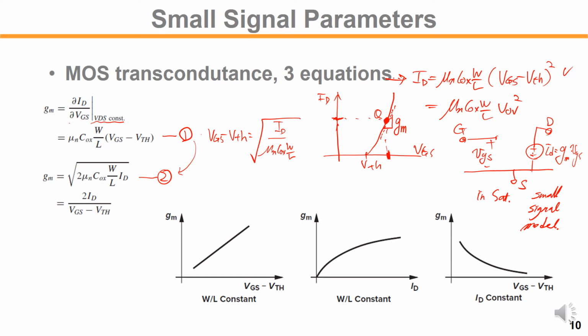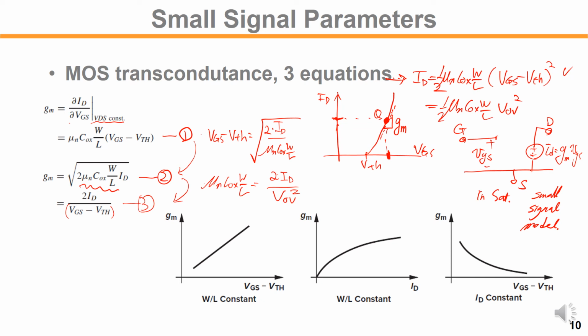Now we can get another equation, the third equation, 2ID over overdrive voltage, that can be derived by replacing mu n cox W over L. We know that ID is equal to half mu n cox W over L times overdrive voltage squared. I took out the half here, so here I was missing the factor 2. So mu n cox W over L is 2 times ID over overdrive voltage squared, right?